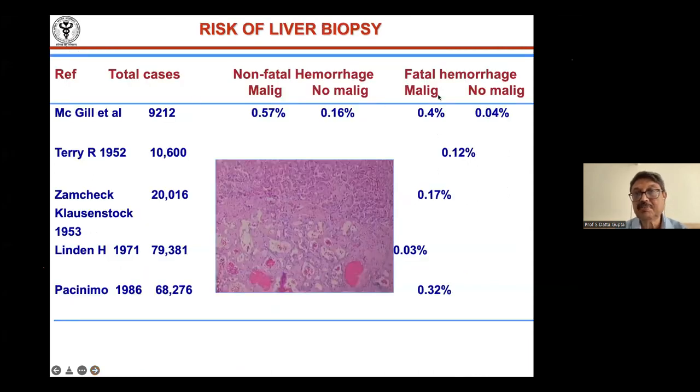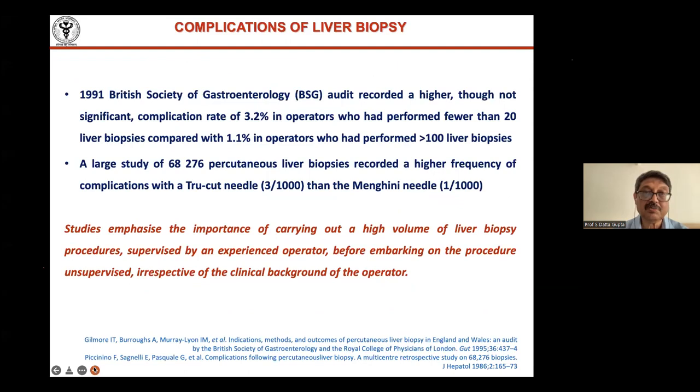Most of the fatal hemorrhages are associated with malignancies, and therefore malignant liver diseases show a greater propensity to risks compared to the non-malignant. And what's important is that it's been found that all this to a certain extent depends on the operator and the training of the operator.